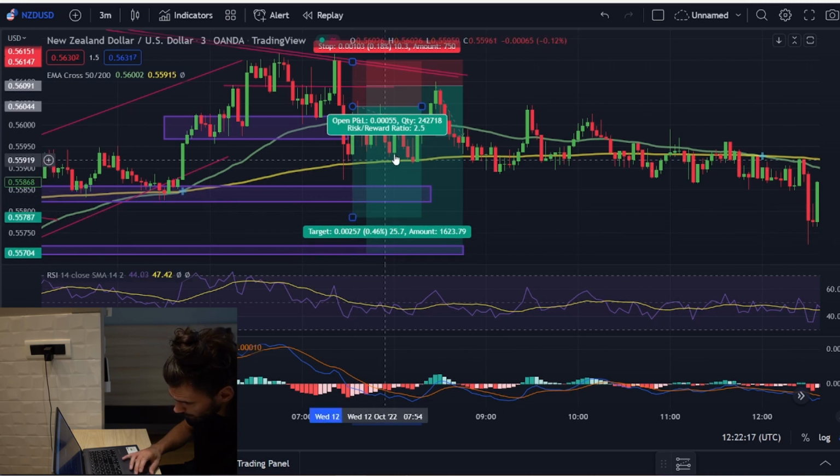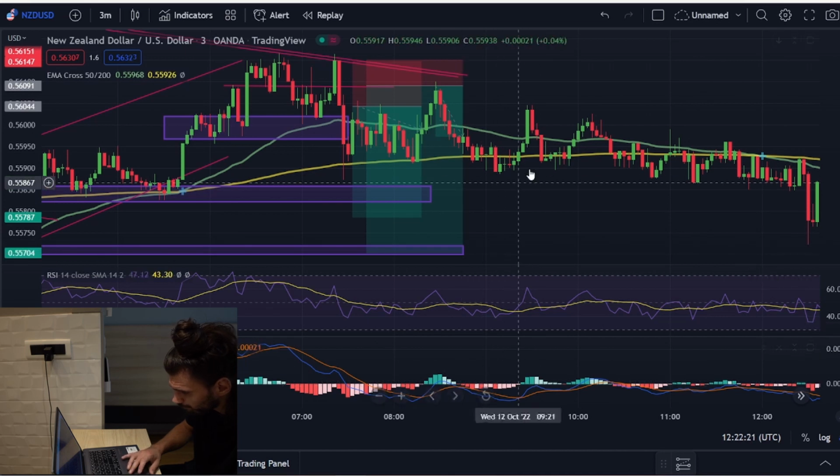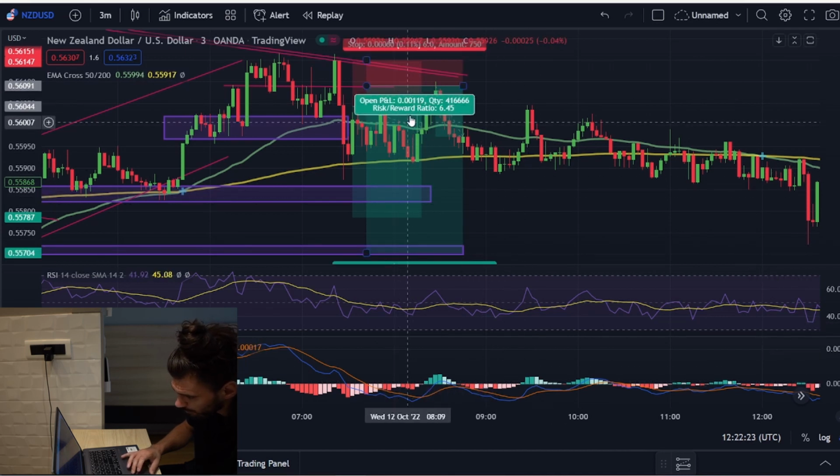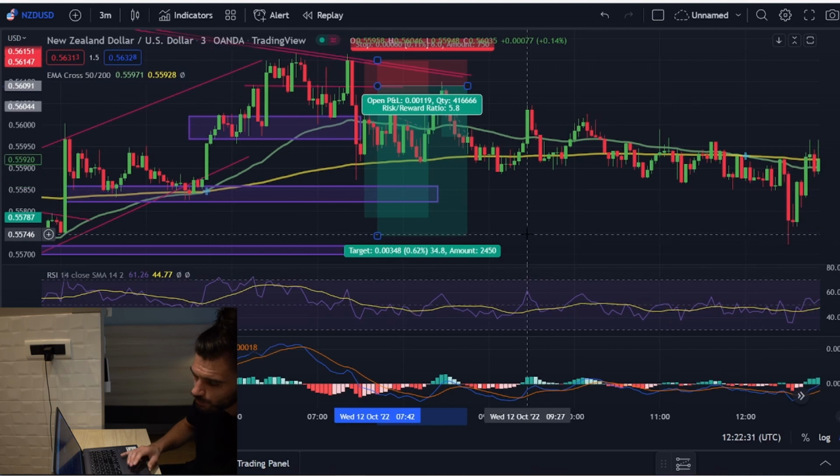So my risk reward was slightly 2.5. Again, if you would have caught the better entry right here, maybe a 6 point, depending on your entry and exit here, 5, 4, 3. But initially this was the trade with the bearish flag and the double top.